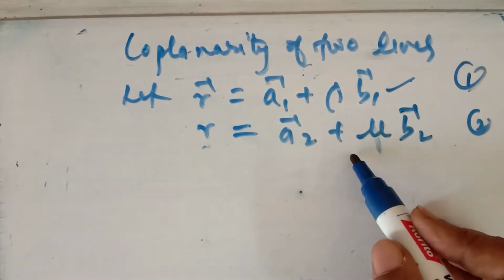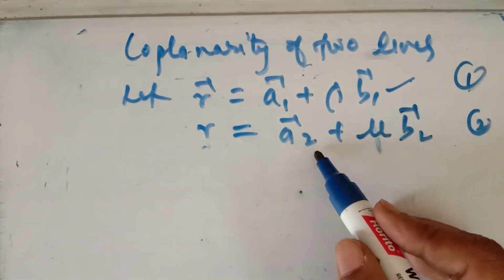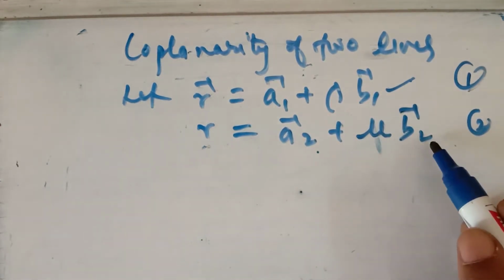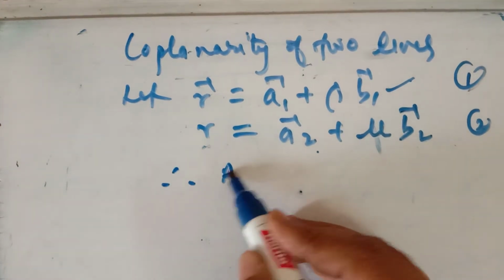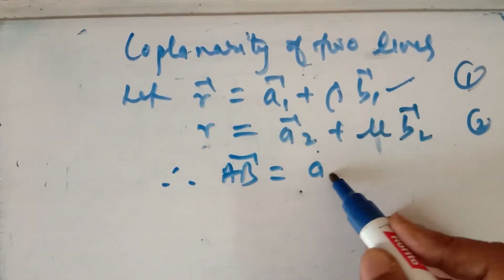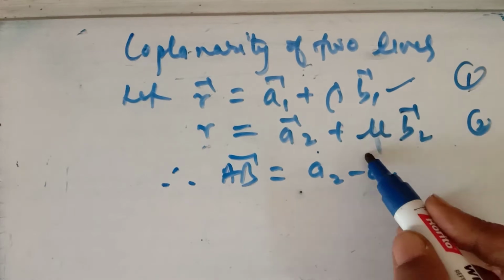Similarly, the second line is passing through the point B with position vector a2 and parallel to b2. Therefore, vector AB will be equal to a2 minus a1.